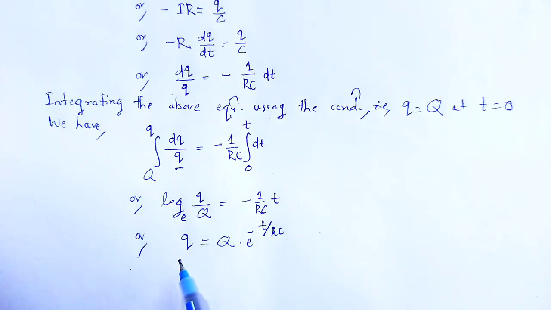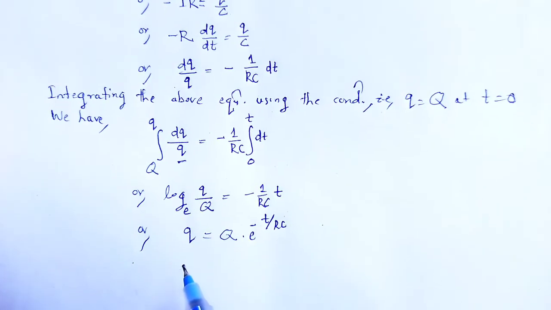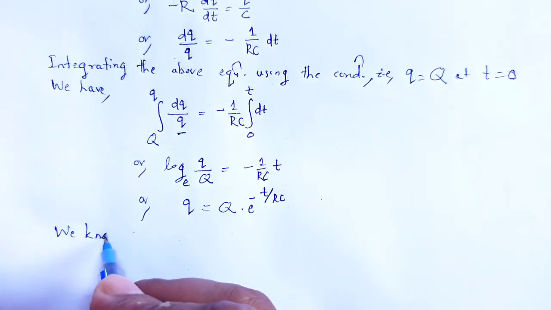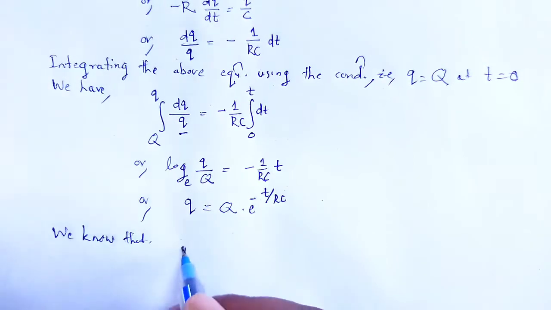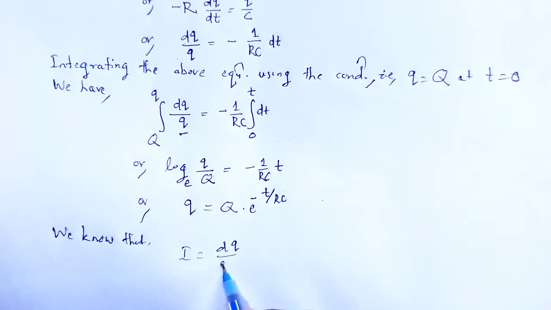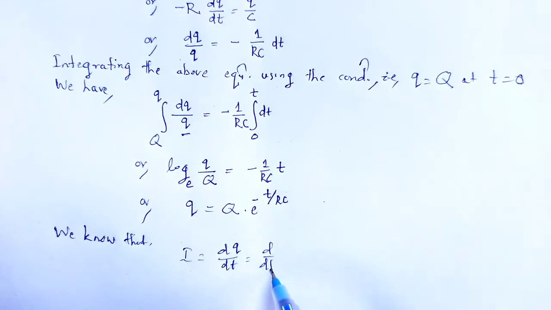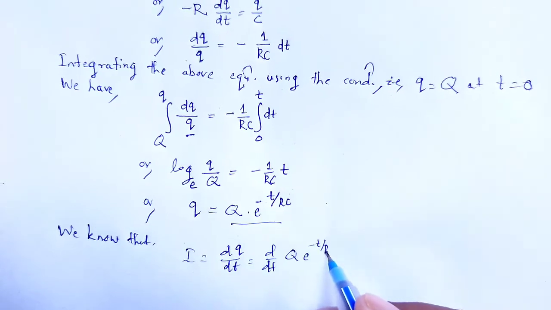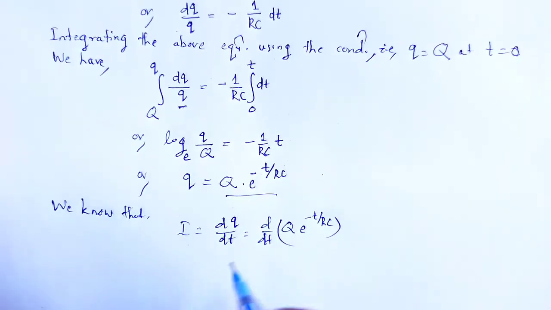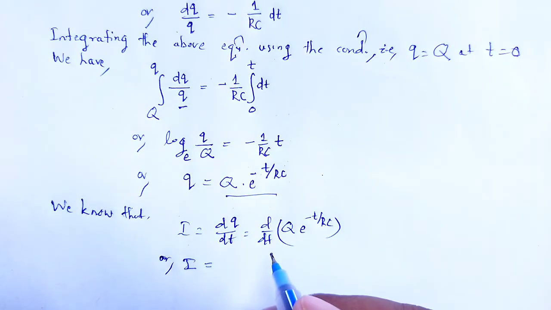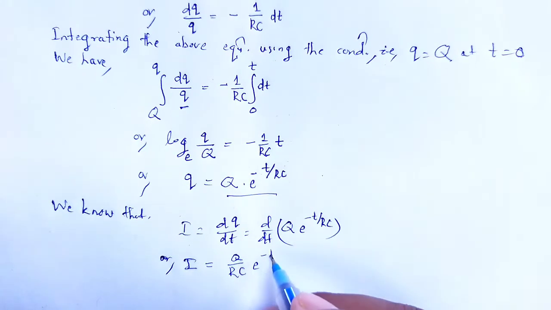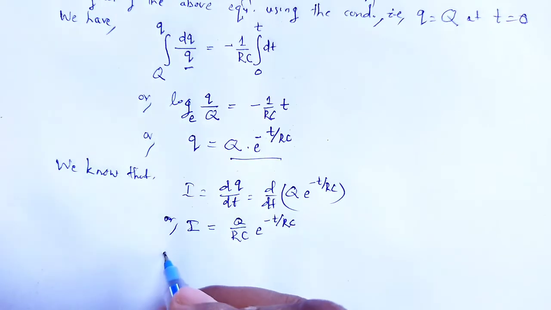We know that I is equal to dq by dt. Therefore, differentiating Q e to the power minus t by RC, I is equal to Q by RC e to the power minus t by RC.